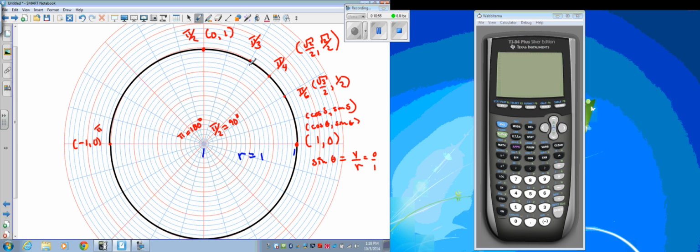And then this point on the unit circle is going to be the same as the cosine of 60. What's the cosine of 60? 1/2. And the sine of 60 is square root of 3 over 2.